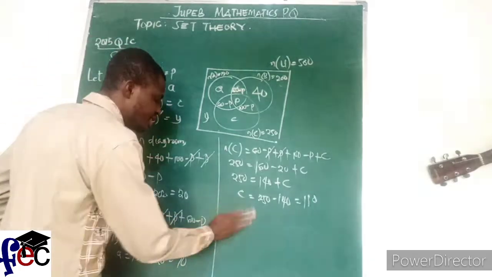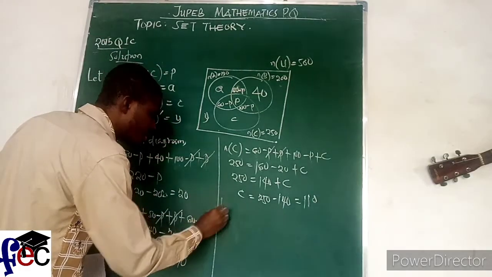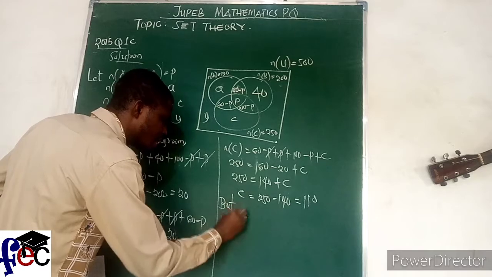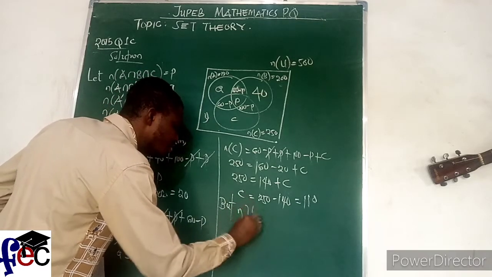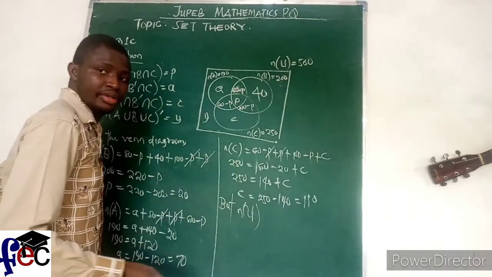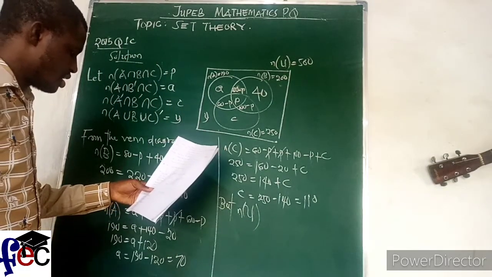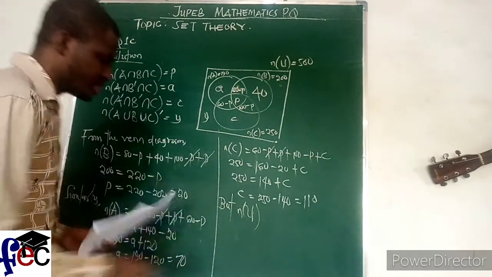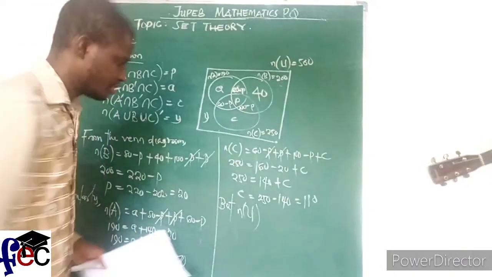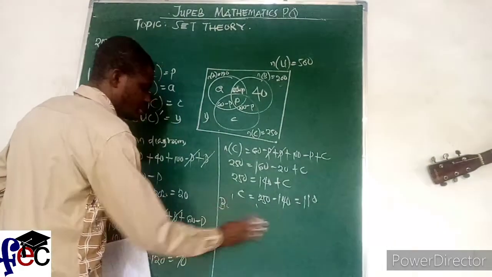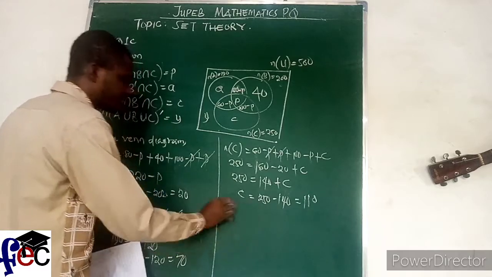Let me see if I can squeeze it in. But cardinality of the universal set now. Okay, let me wait till the last part, because I will still do the same thing there.